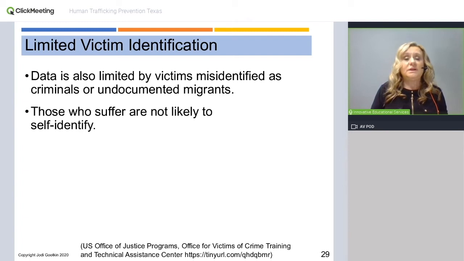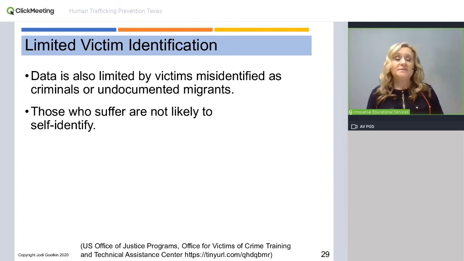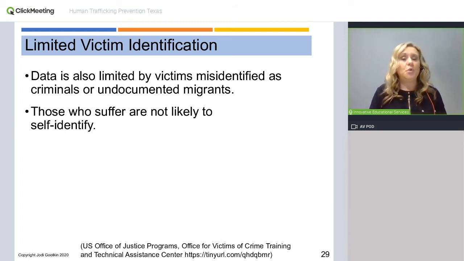One way this is done is that some of the codes are set up to allow for identification of individuals at risk for labor and sex trafficking. For example, individuals who demonstrate signs of neglect or maltreatment, so that this can be tracked to better support addressing human trafficking.